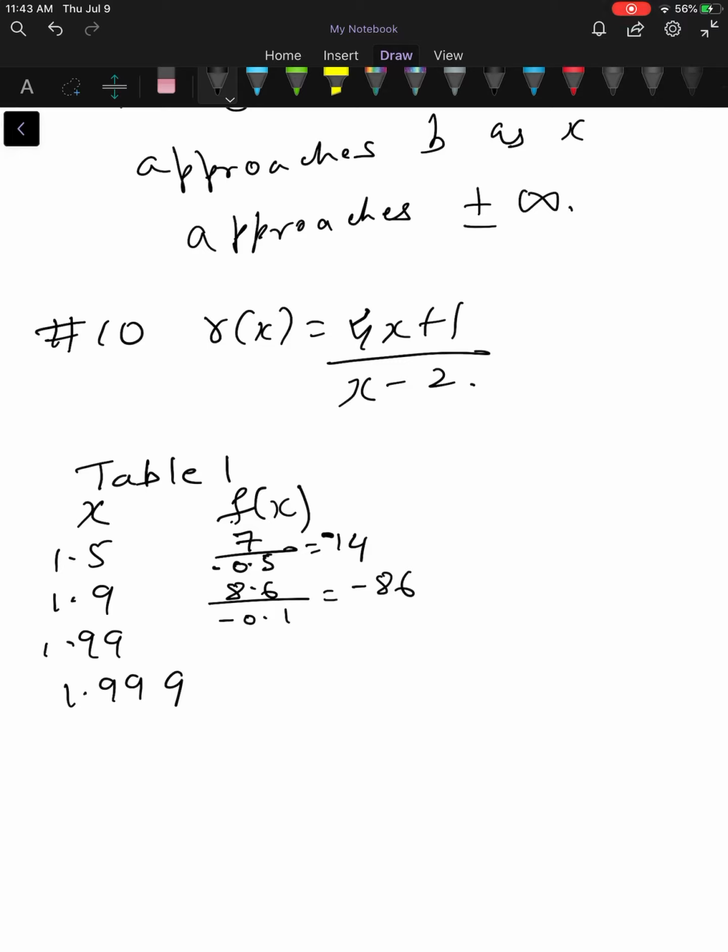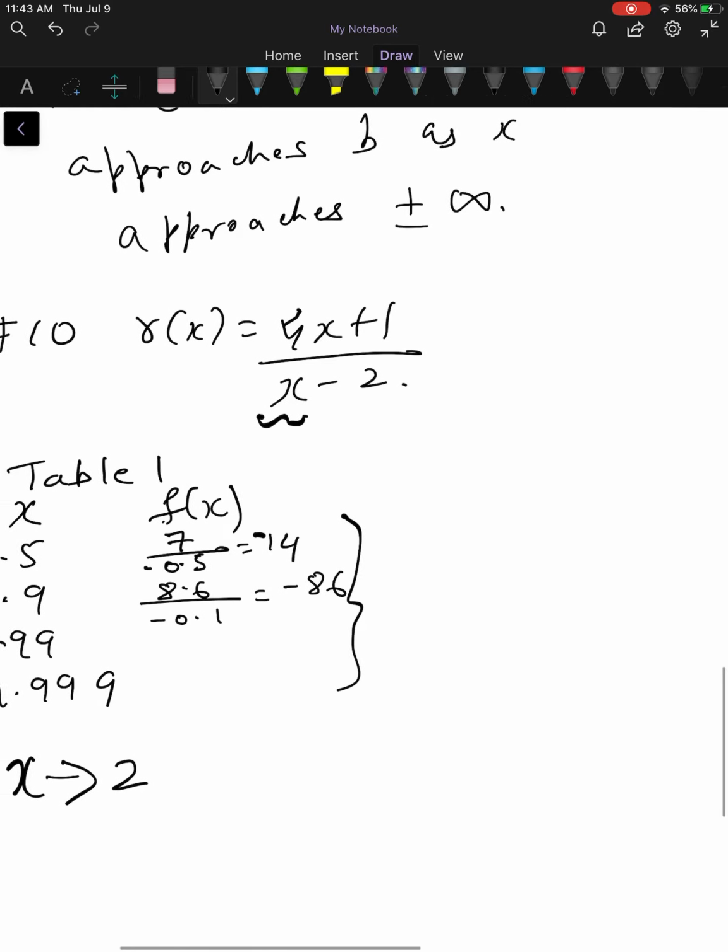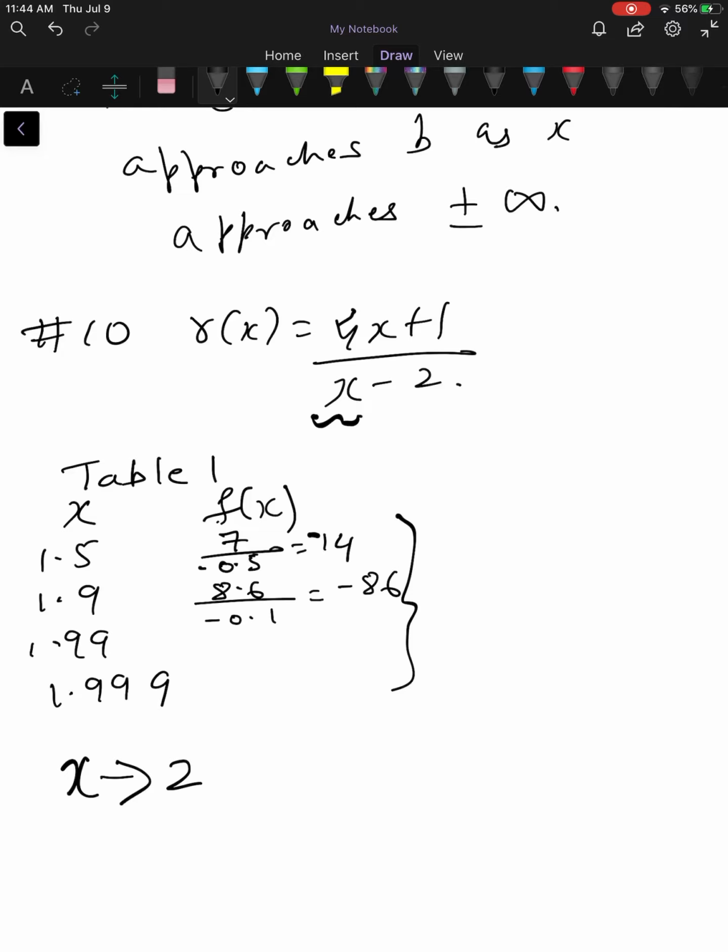You can see that with a small change in the value of x, there is a substantial change in the functional value. You can calculate the rest of the values. So as x tends towards 2 from the left, that is 2 minus, f of x is tending towards negative infinity.